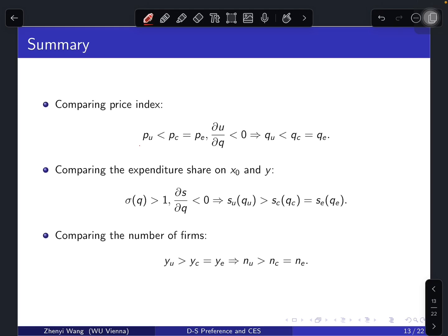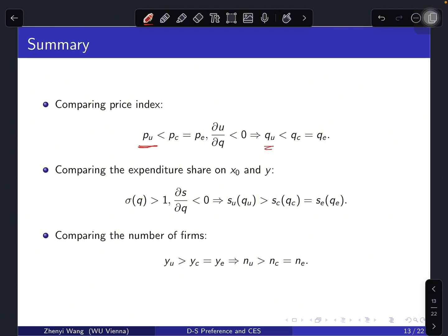Okay, then let's compare the price index, expenditure share, and number of firms under different scenarios. The price index is lowest in the unconstrained case because the price level is the lowest under the unconstrained case.